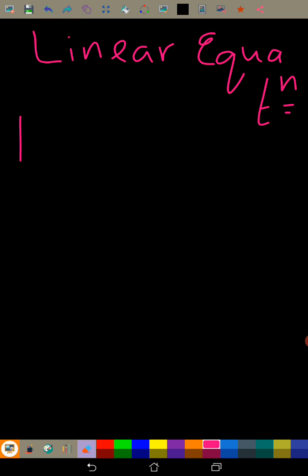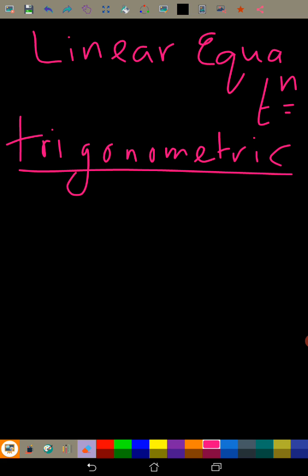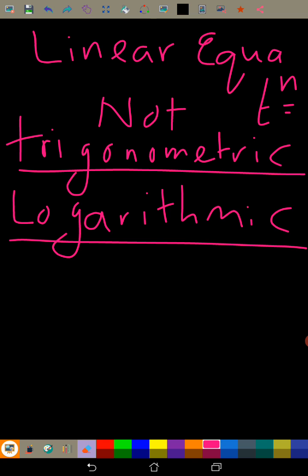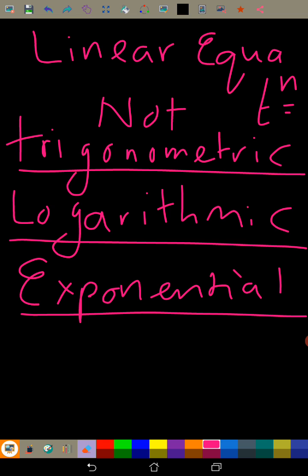For example, trigonometric, logarithmic, and exponential functions are not linear.